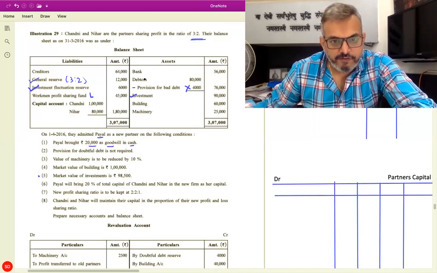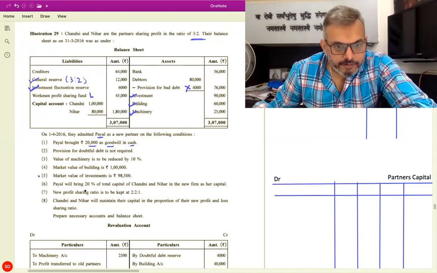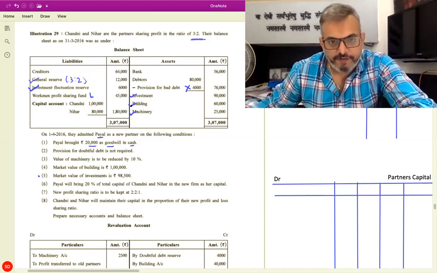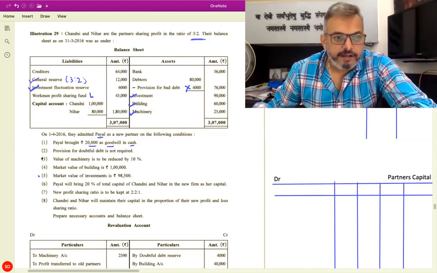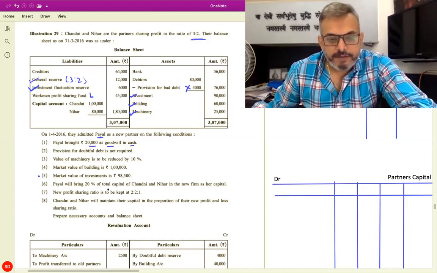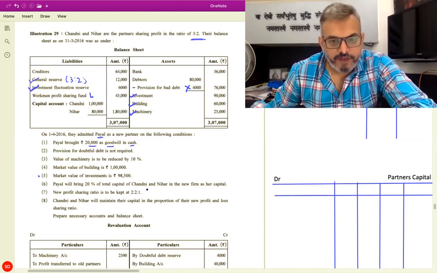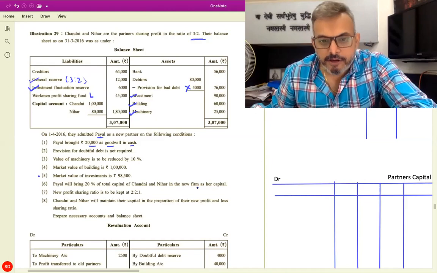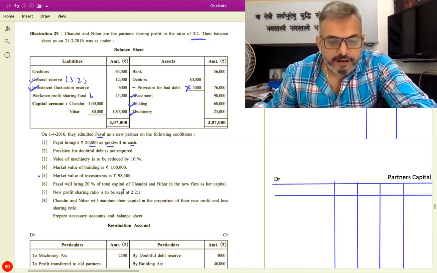Value of machinery is to be reduced by 10%. Take machinery. Market value of building is 1 lakh. Take building. Payal will bring. Market value of investment is 98,500. We already have that. Payal will bring 20% of capital of Chandni and Nihar in the new firm as her capital.